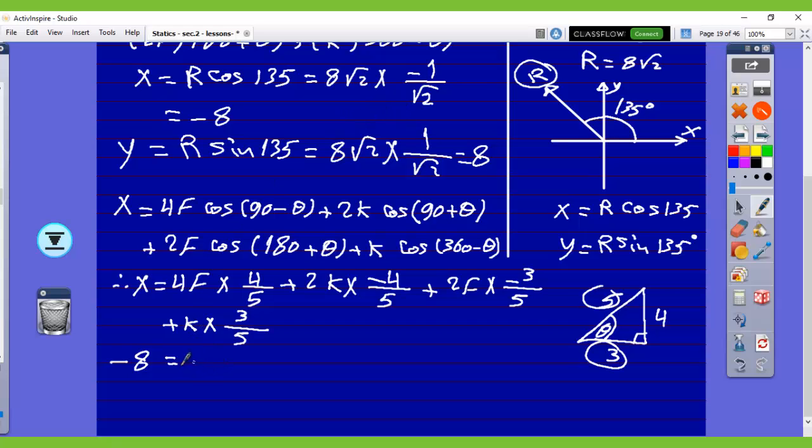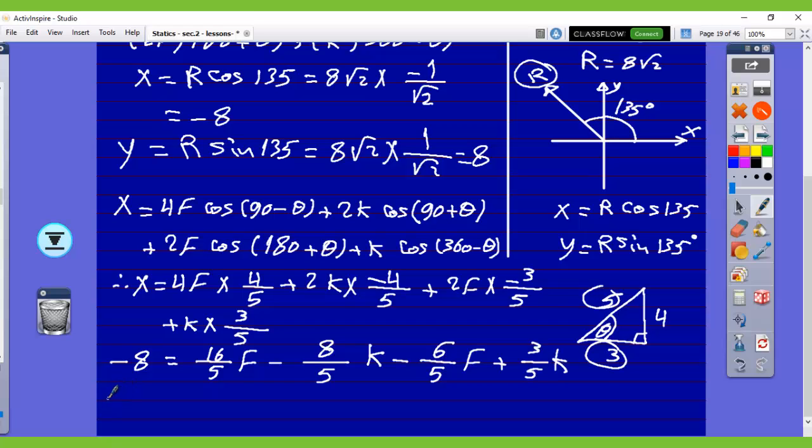So we have 16 over 5 f, minus 2k multiply negative 4 over 5, it is negative 8 over 5 k, plus 2f multiply negative 3 over 5, so we have minus 6 over 5 f, plus k, plus 3 over 5 k.